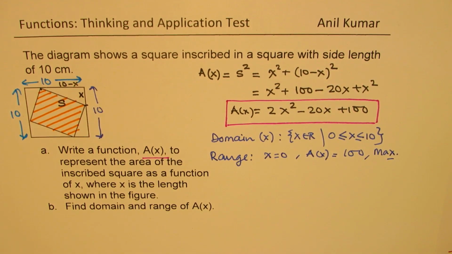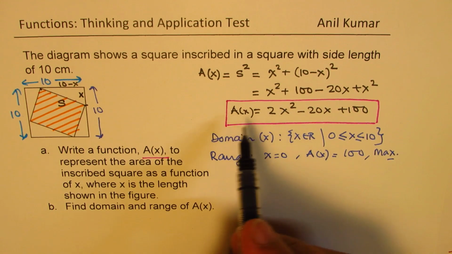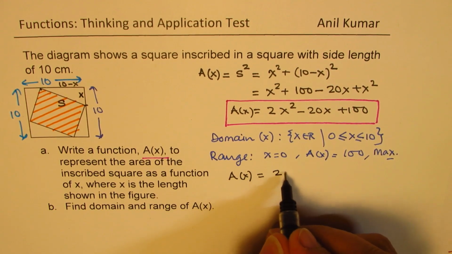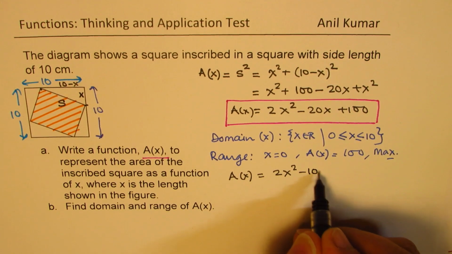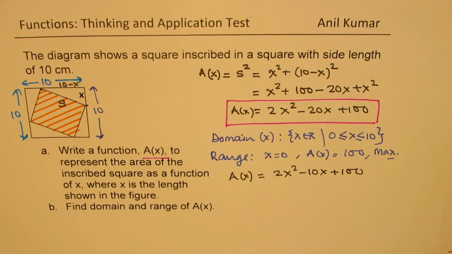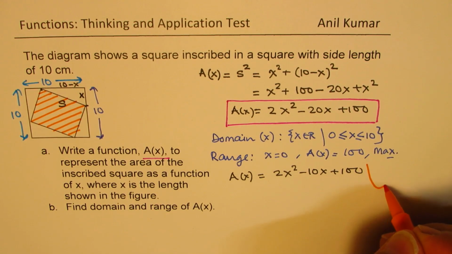How about the minimum area? Now, if you look at the area function, let's look into it once again, the area function is equal to 2x squared minus 20x plus 100. Now this is a parabola which opens upwards, correct?